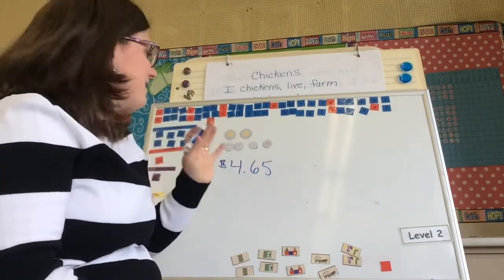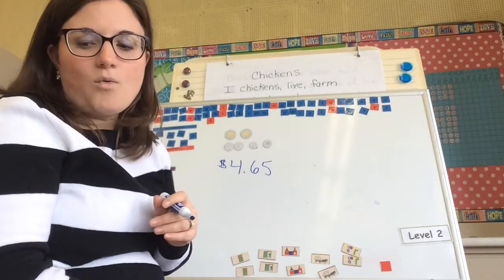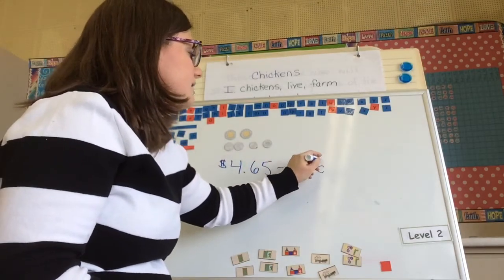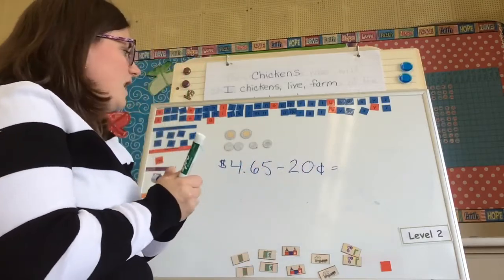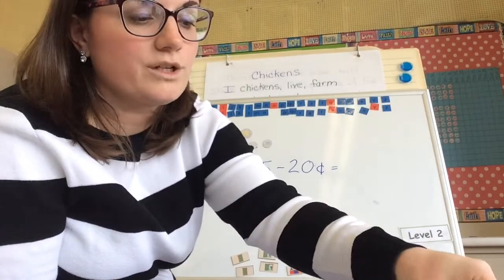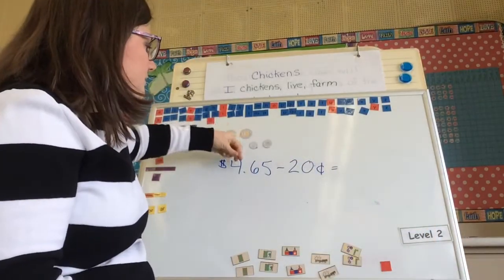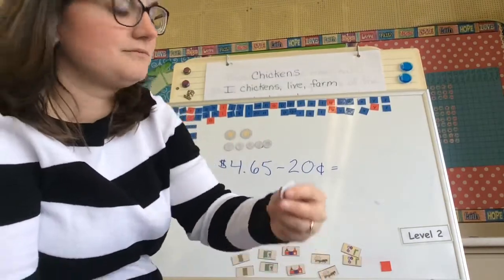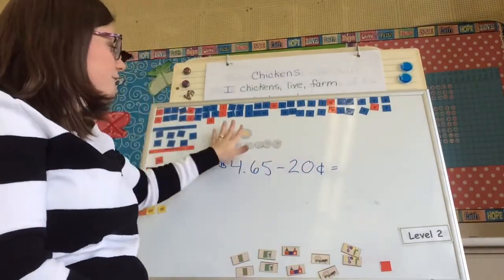Okay? And this time, I want to take away 20 cents. Okay? Now, to help us see this a little bit easier, I'm going to trade in my quarter for 2 dimes and a nickel.